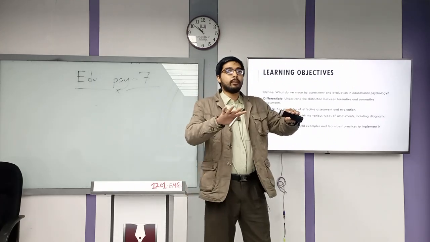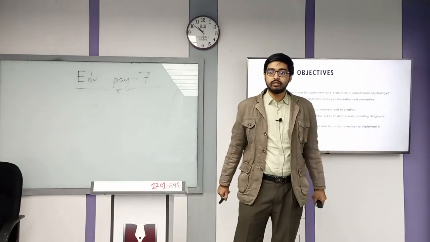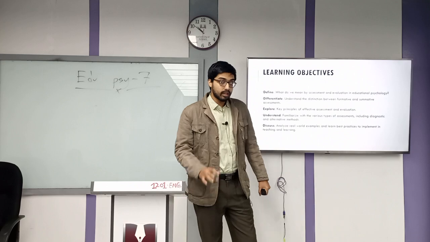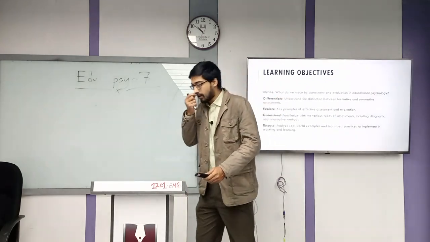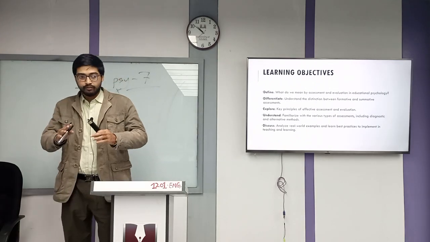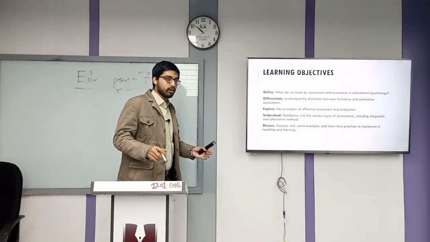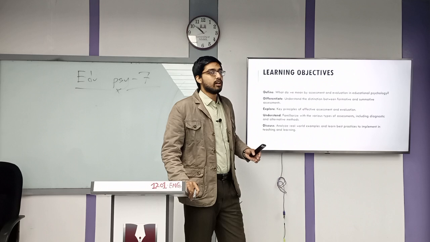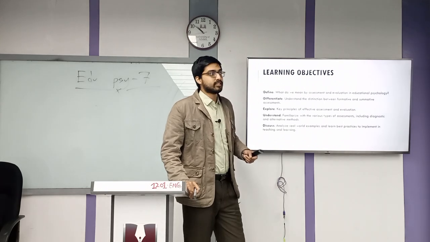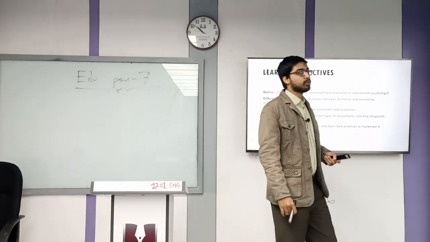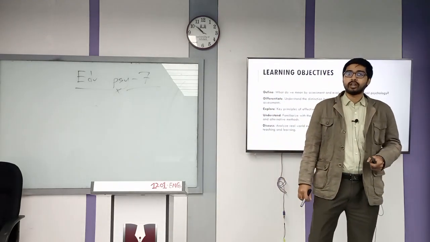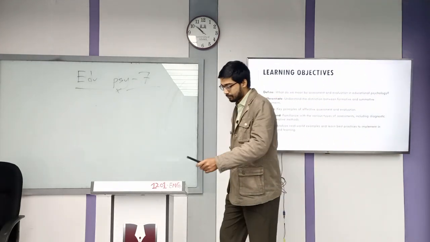The base of this norm, checking, is the most important thing in assessment and evaluation. There are many differences, but the base is checking. In order to assess, we have to check. In order to evaluate, we have to check also. Is that clear? Yes, sir.